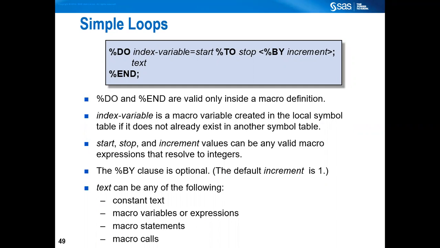Like we saw with your conditional %if %then %else, they were also valid only with the preceding percent sign within your macro definition. Same thing here. This index variable which is created is always a macro variable, created in a local symbol table if it does not already exist in another symbol table.